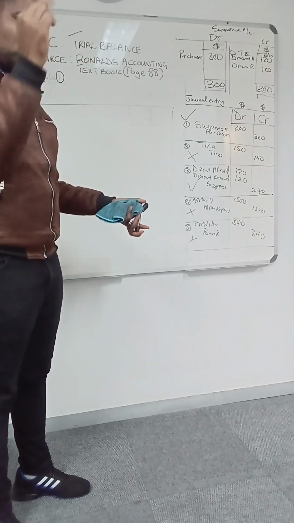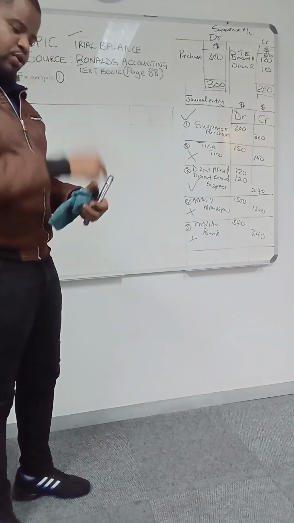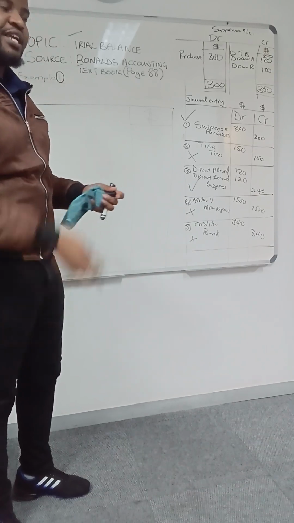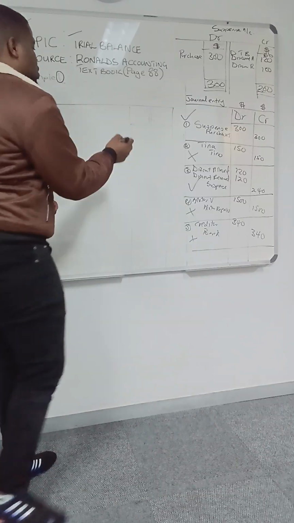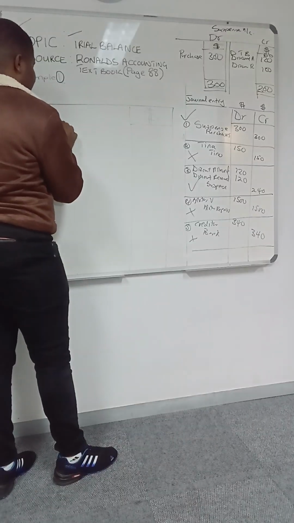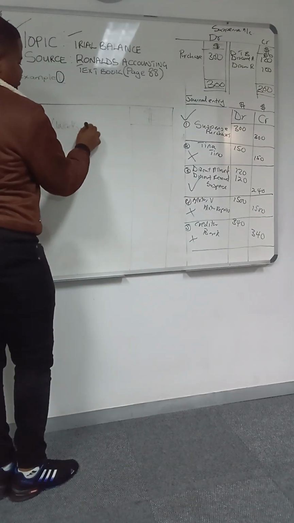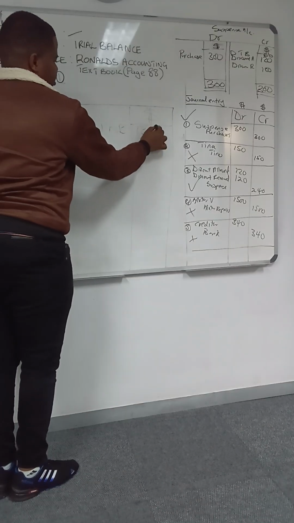Number 2, the correction of the effect, like this question was asking. The correction of the effect, that's when we say add or subtract. So when you do the correction of the effect, you start with the unadjusted net profit. So it was 13,000.